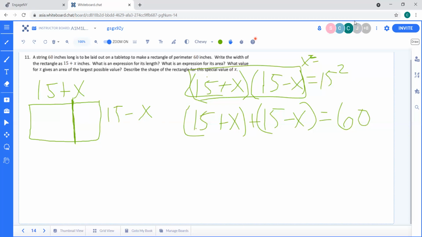What else? What is an expression for the area? Oh, well, that's the expression for the area. You don't actually have to do it. This is area. This is the length. And let's see here. What's the value of x for the area of the largest possible value?